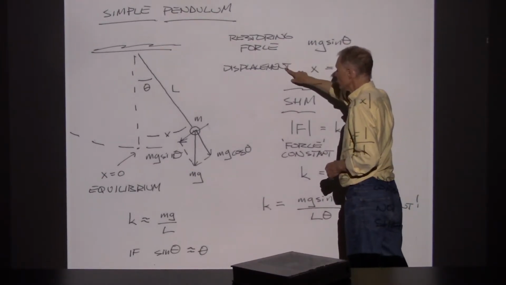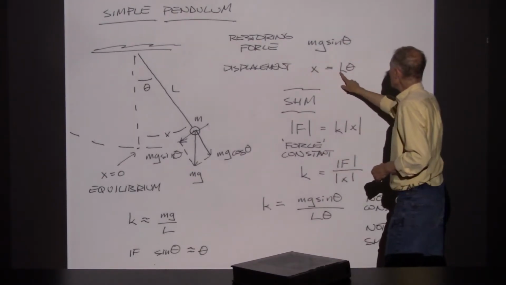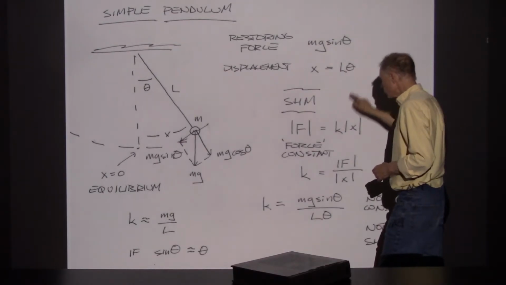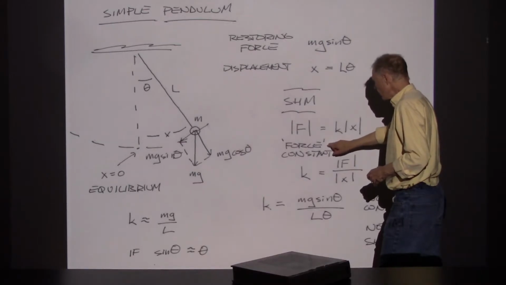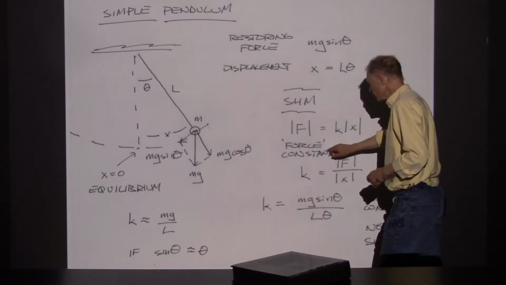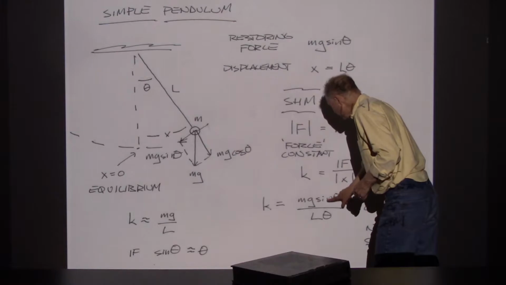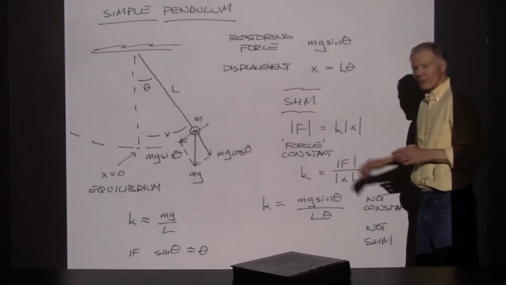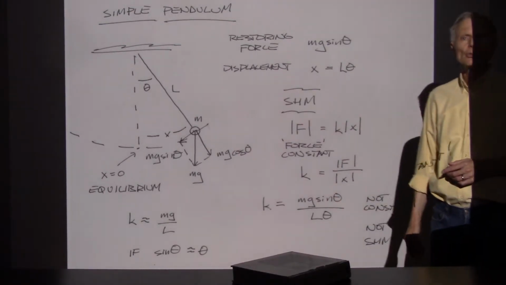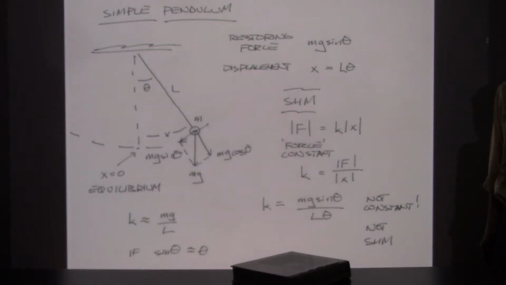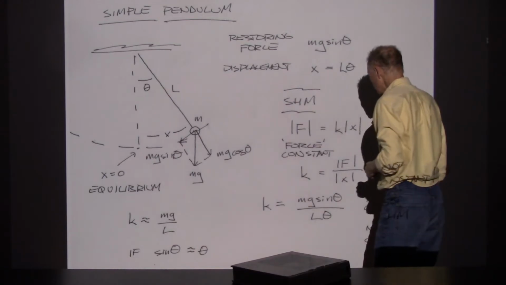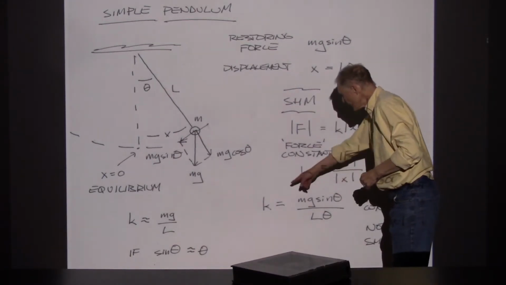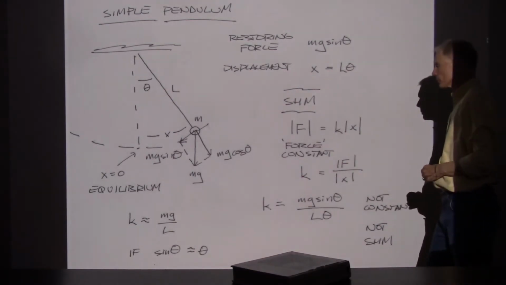The displacement, x, is L theta. So when I plug those into this formula to determine the force constant, the sine theta and theta, they don't cancel. So I need those to drop out, because if I'm going to have simple harmonic motion, k needs to be a constant.